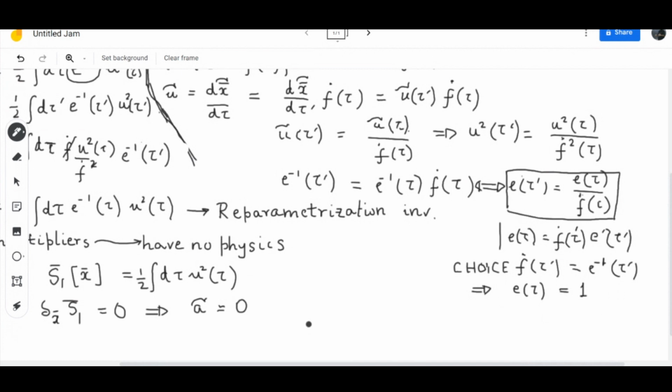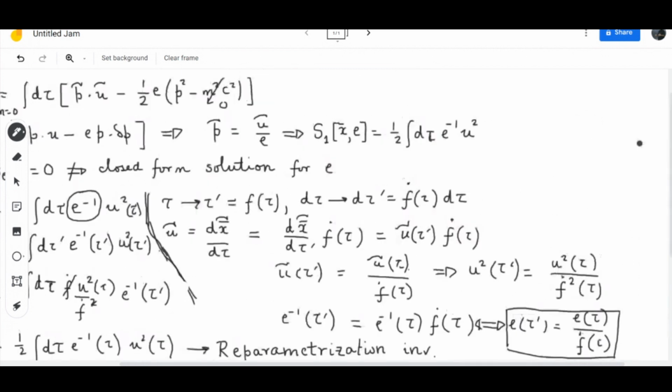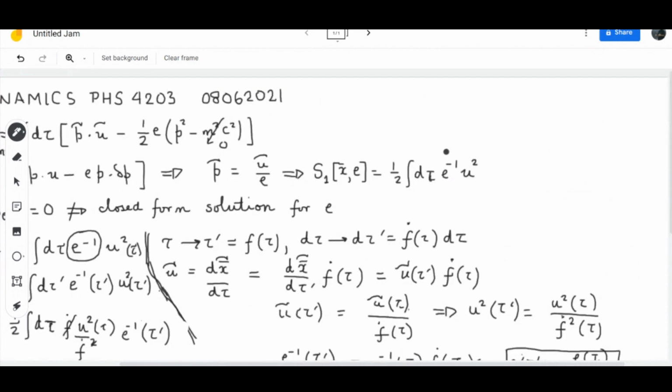So there is one mistake that I have made here. Well, it's not really a mistake. It's what tau is. You see, in the massless case, tau is not the proper time anymore. Why is that?